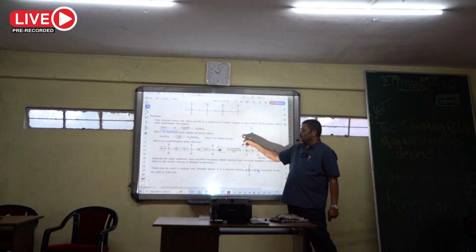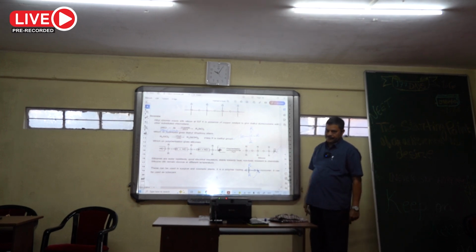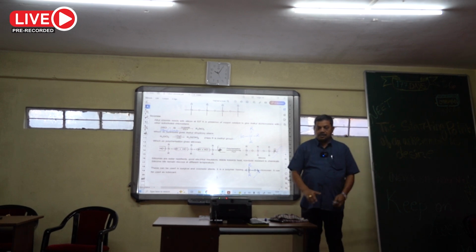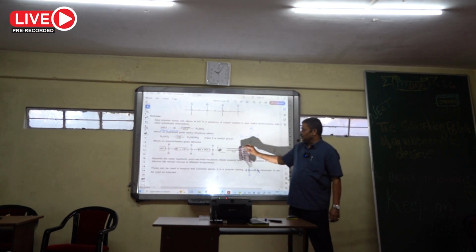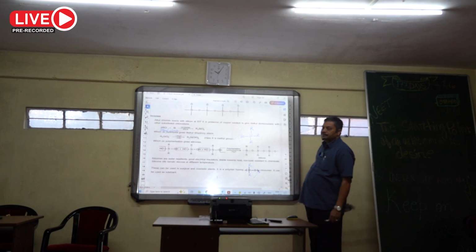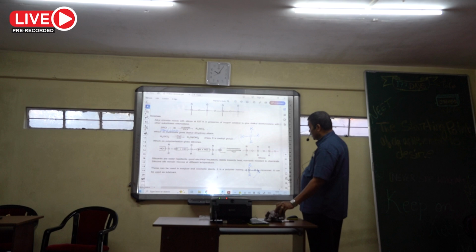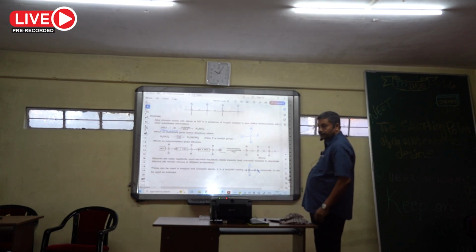Trialkyl silicon hydroxide. With that the chain stops. If you won't do that, it will continue with OH groups. That is also asked in the examination. It is there in our NCERT textbook also.